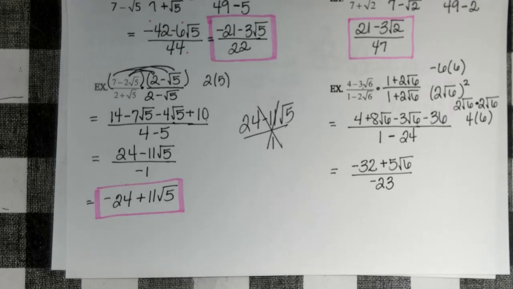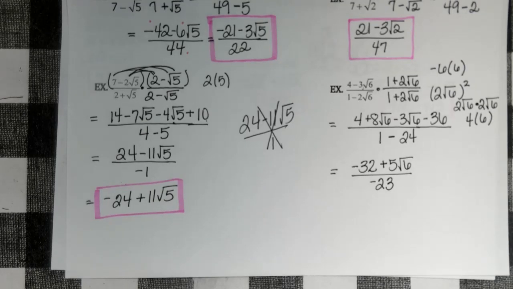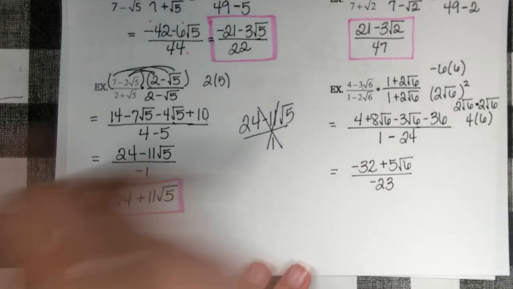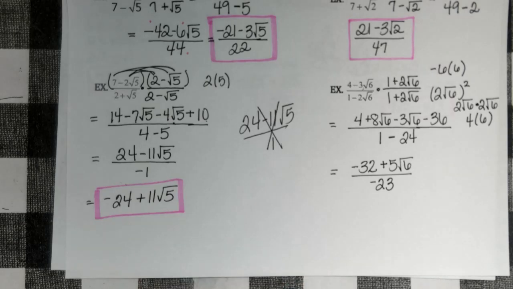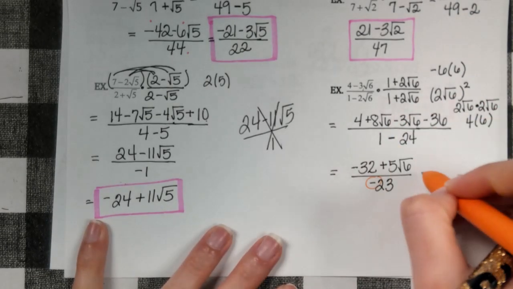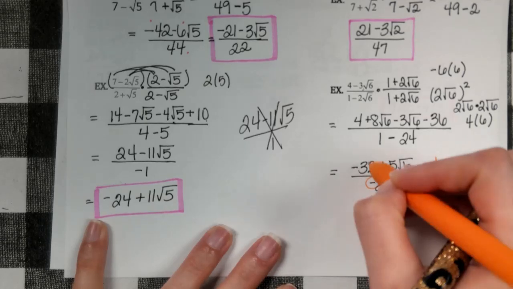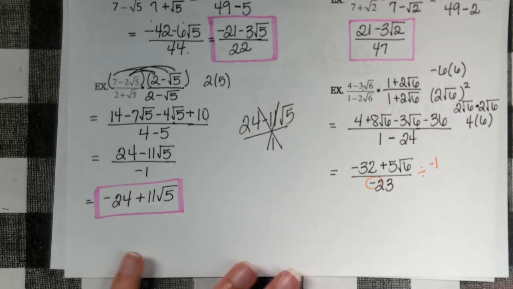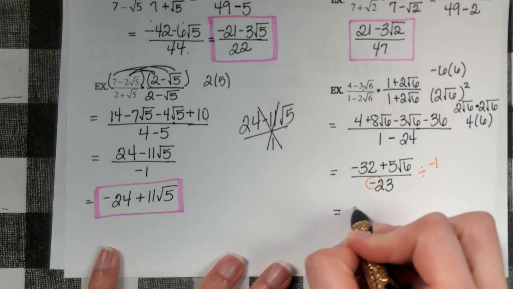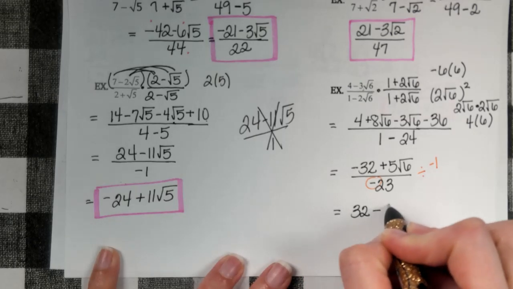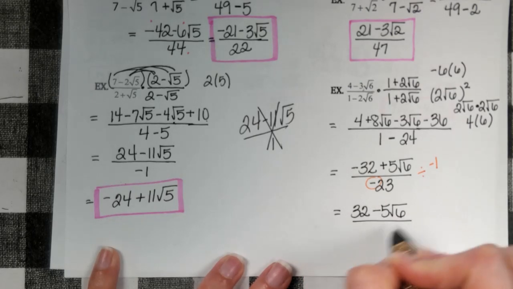I can't simplify those, but I have a negative in the denominator. Negative 1. I've got to take care of this negative. So I'm essentially either multiplying or dividing by a negative 1 for each one. So all that happens is everything changes signs. So it becomes a positive 32 minus 5 square root of 6 over a positive 23.